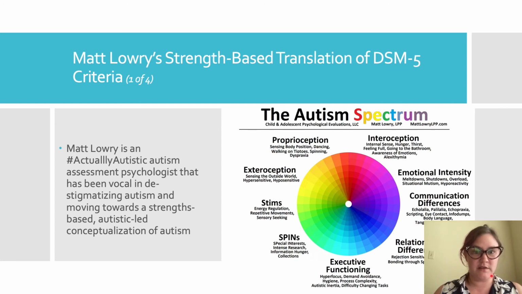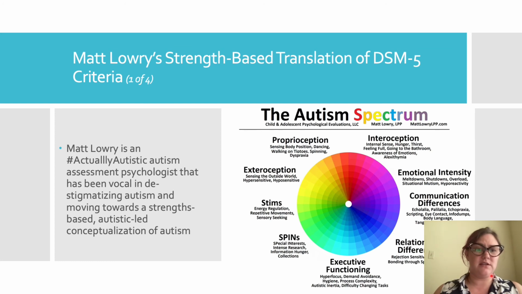This is one meme that he created that has gone viral, which shows how autism is more than just the two categories that we see in the DSM-5. So it's more than just social communication and restrictive, repetitive behaviors.